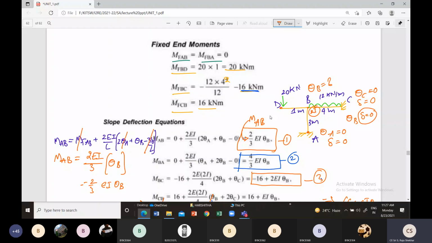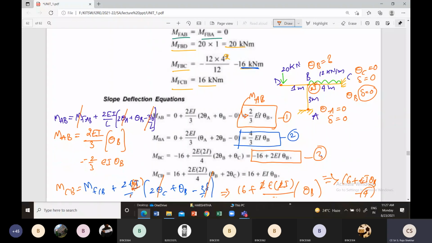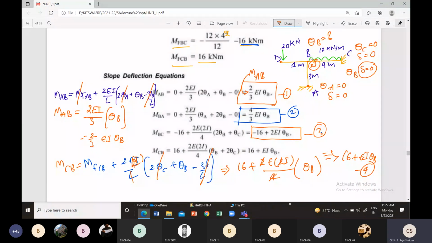So the final end moment at D will become 0, and the end moment at B will become 20 into 1, that is 20 kilonewton meter. So MBD is equal to 20 kilonewton meter.